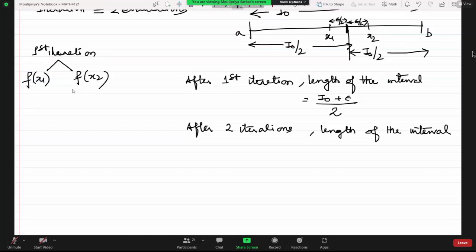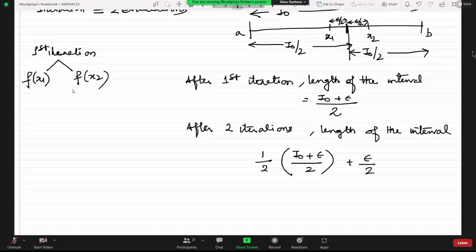Ma'am, I had a doubt. In the second interval also we'll take epsilon or we'll take a new variable epsilon 1? Epsilon only. Okay, ma'am. Then it will be I0 plus 3 epsilon by 4. It would be half of I0 plus epsilon by 2, plus epsilon by 2.